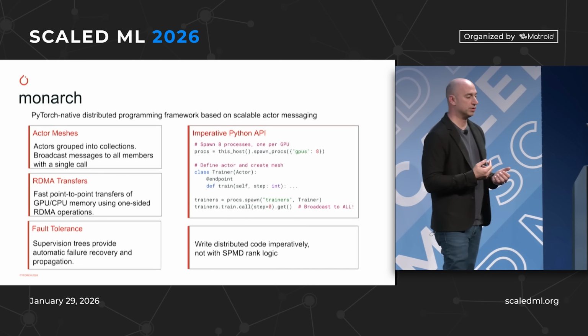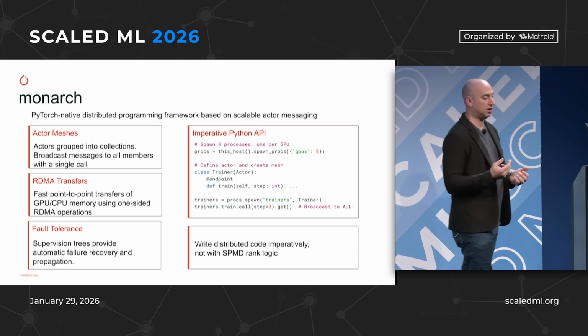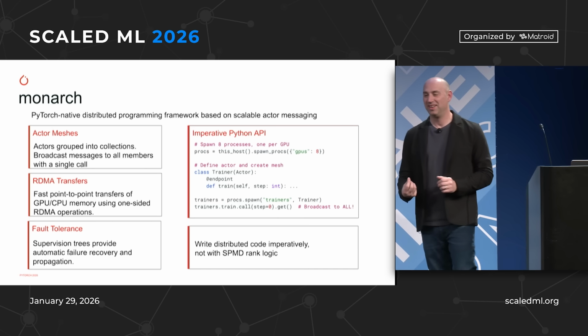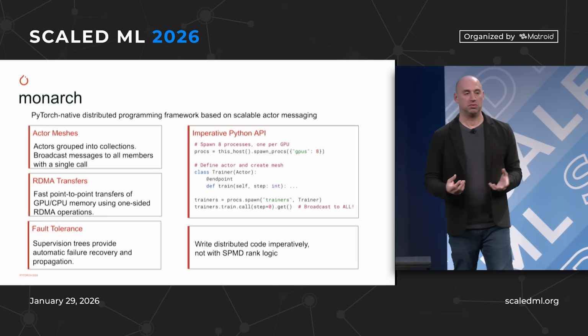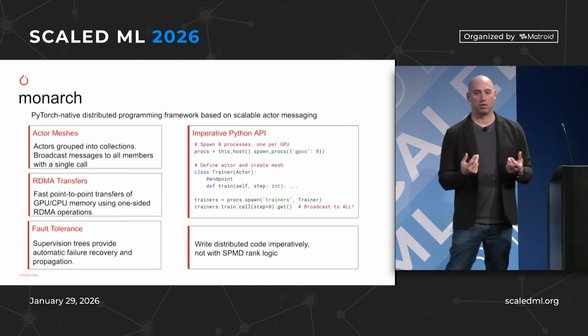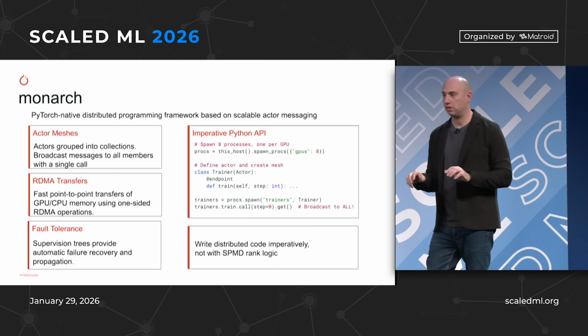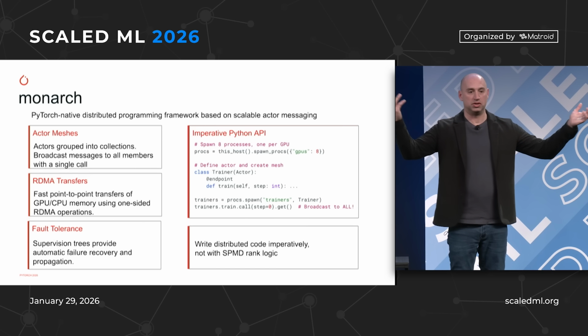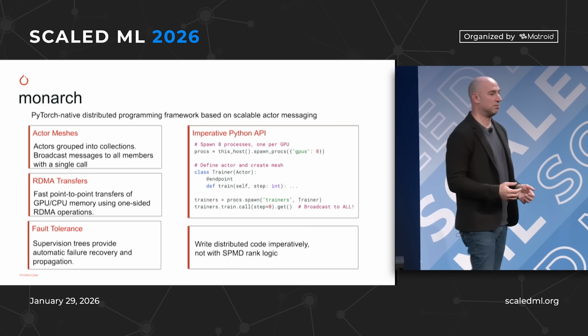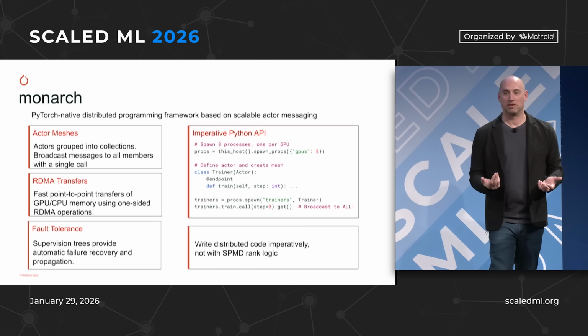It's fully open source. Calling it a distributed programming framework is probably underselling it. It allows you to write normal PyTorch code that feels like you're writing it locally on your MacBook, but it could be running on literally 1 million GPUs in 3 different data centers behind the scenes. That's really compelling, I think, for a lot of folks.